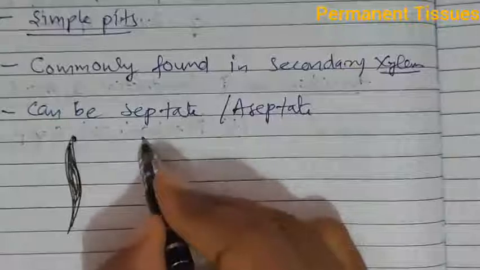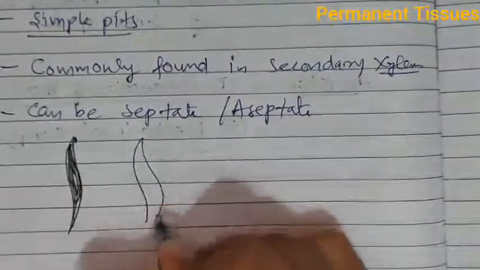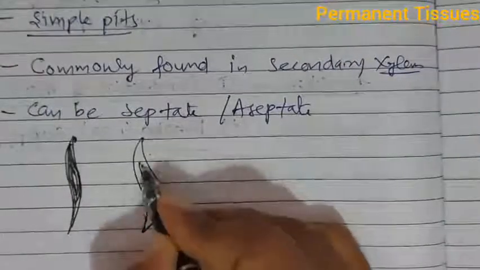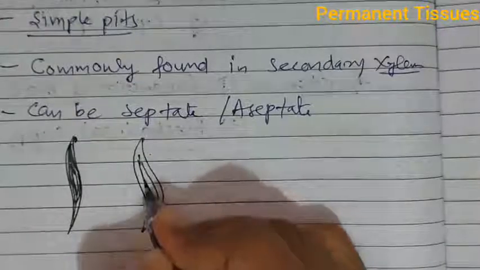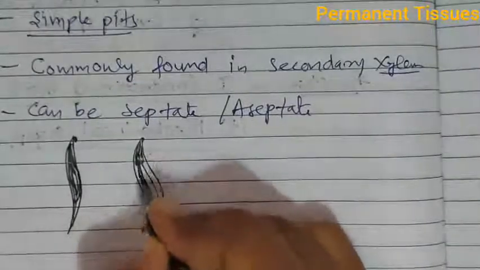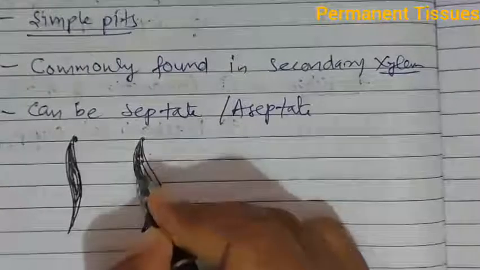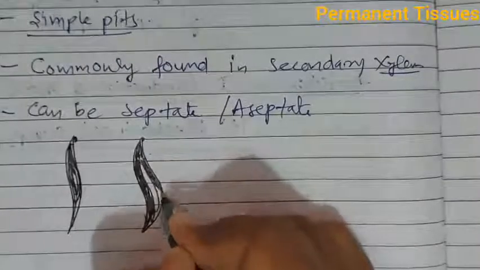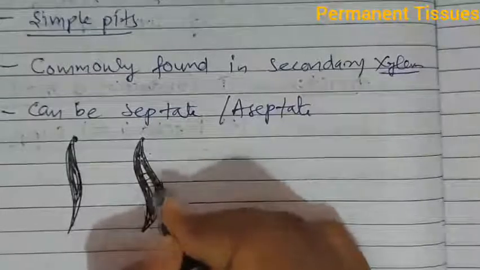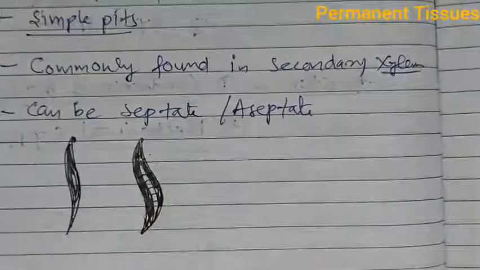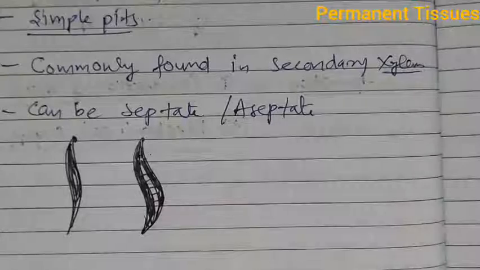Lumen is almost reduced. And in this you will find septa, so they can be septate or aseptate.